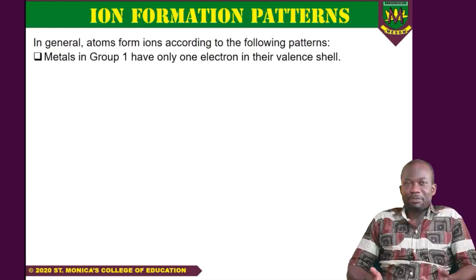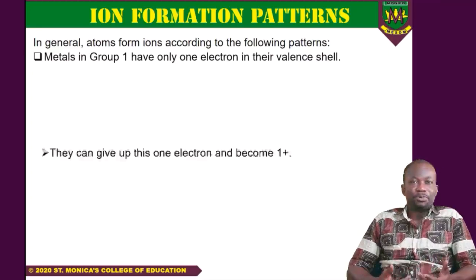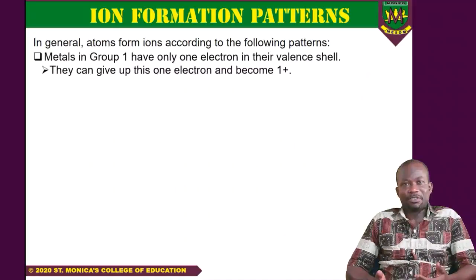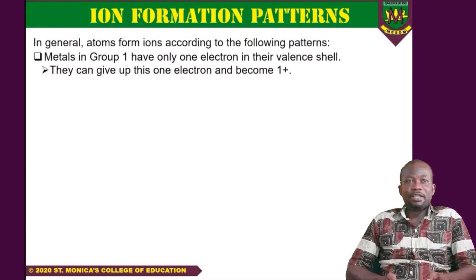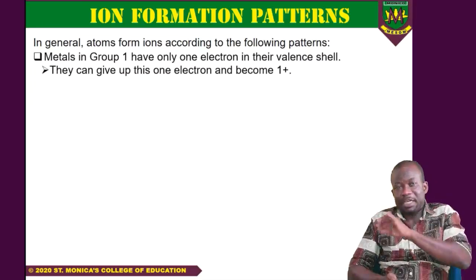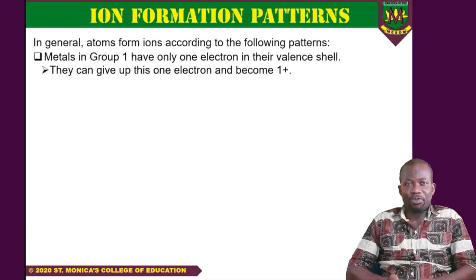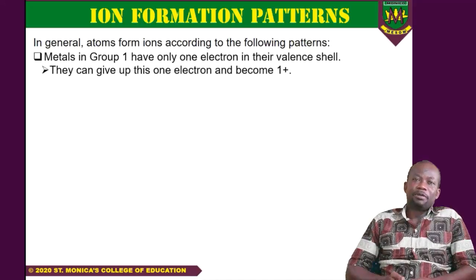We have mentioned them. Examples: lithium, sodium, potassium. They are all in group 1 and they always have 1 electron in their valence shell when you draw the electronic configuration. Then they can give up this 1 electron and become positively charged ions.